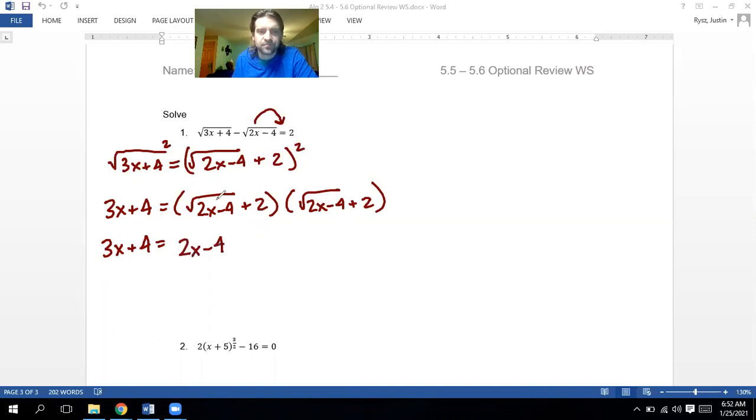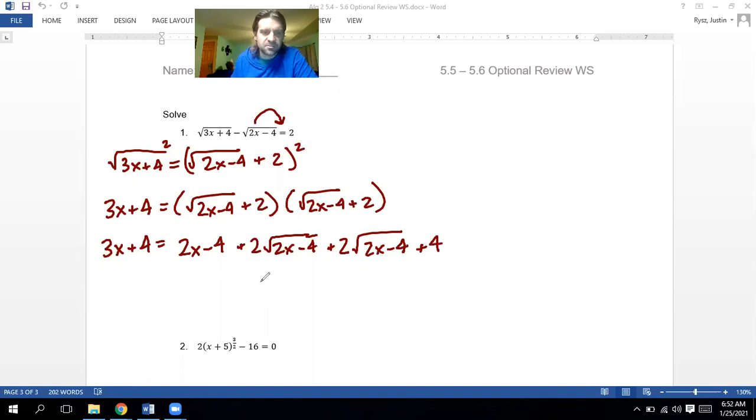The radical goes away. Radical 2x minus 4 times 2 is 2 radical 2x minus 4. And then we have to do 2 times the other side, so we'd get another 2 radical 2x minus 4. And then 2 times 2 is 4.